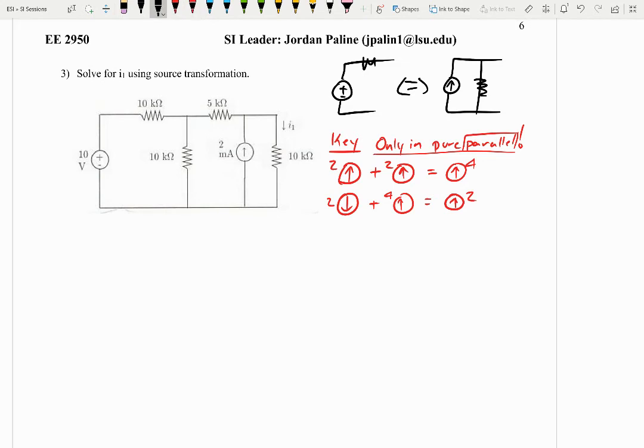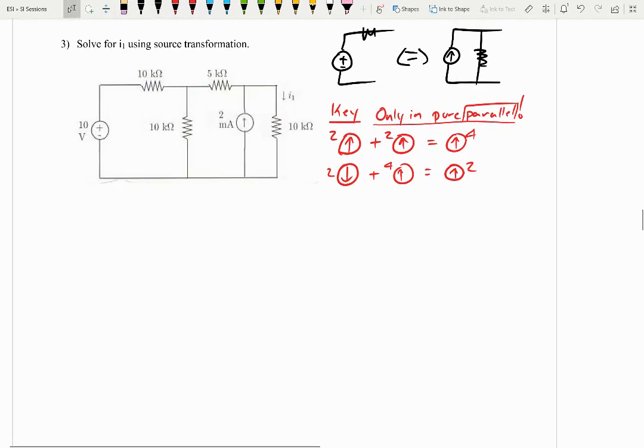So what we're going to do is look at this problem here. They want us to find this current, and this current is I1. They defined it for us. I1's going down that way. They gave us all these values.